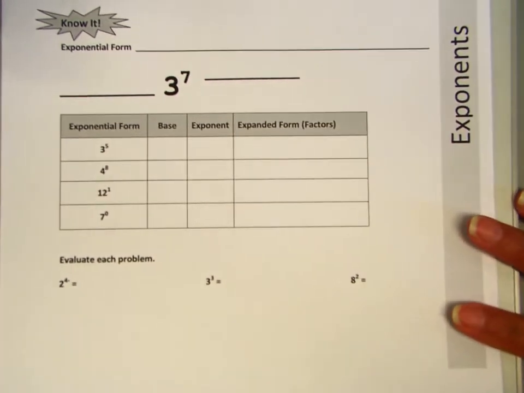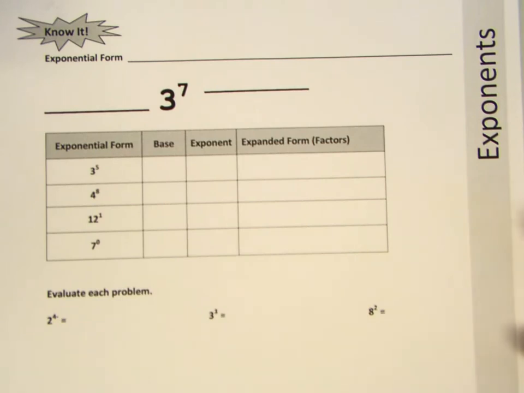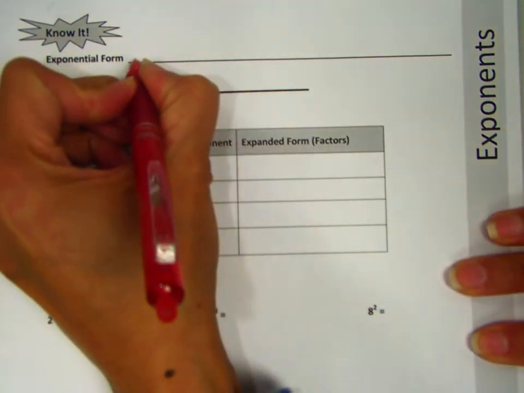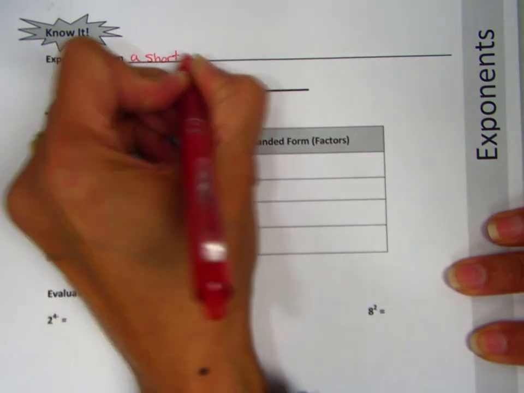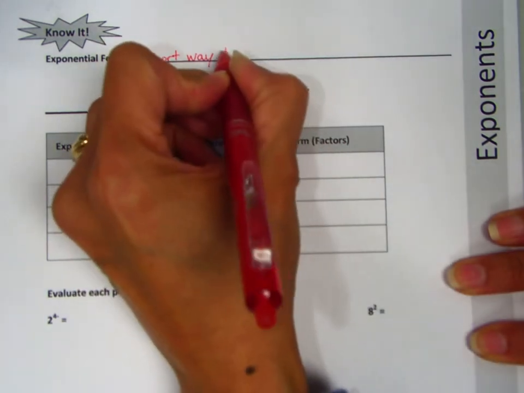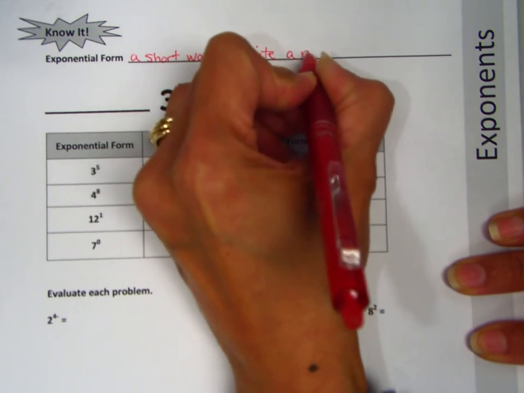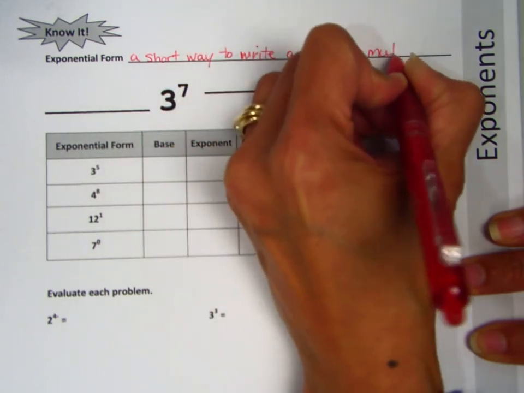So first thing we want to know is the definition of exponential form. That is one of our vocabulary words. So you should look in your vocabulary notes and find the definition. Exponential form is a short way to write a repeated multiplication problem.